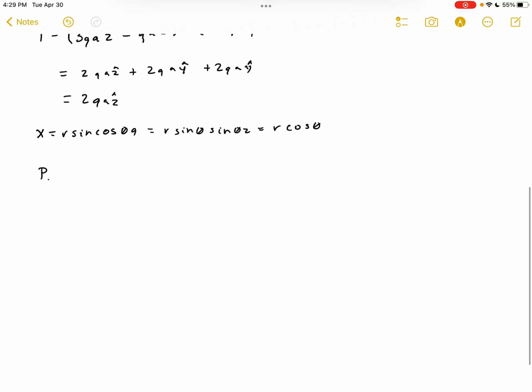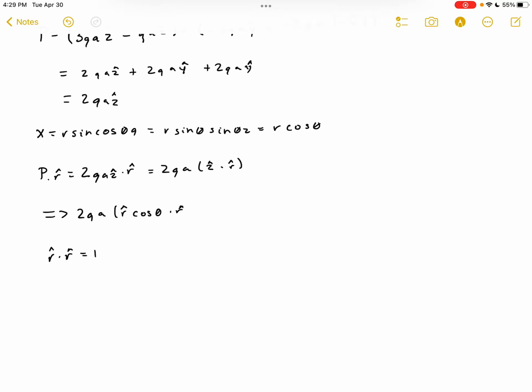So we get P dot r hat is equal to 2QA z hat dot r hat, which simply goes to 2QA r hat cosine theta. Therefore, P dot r hat equals 2QA cosine theta.